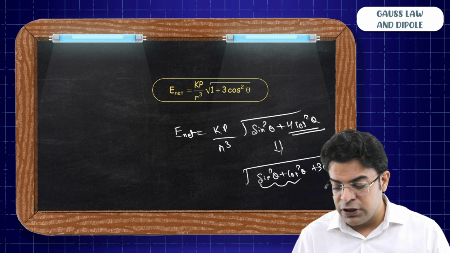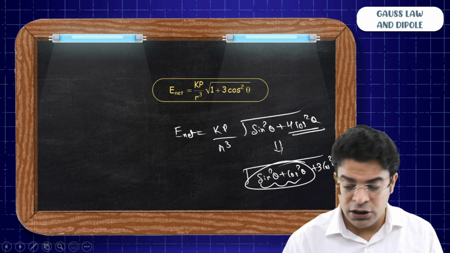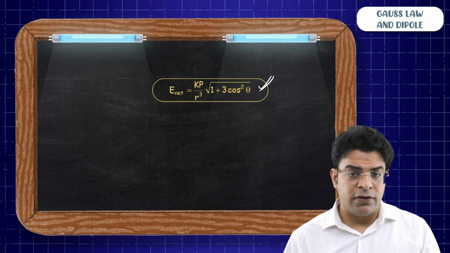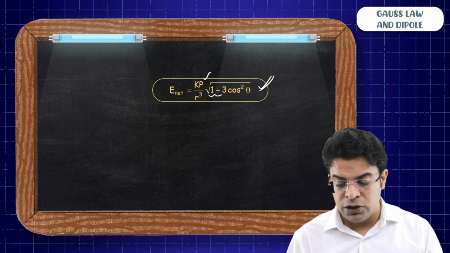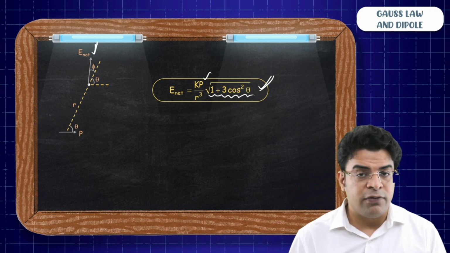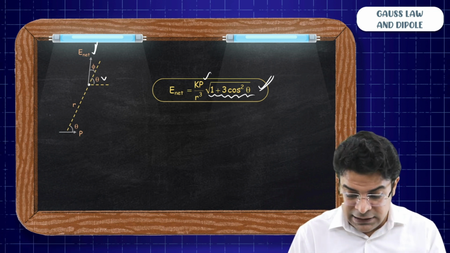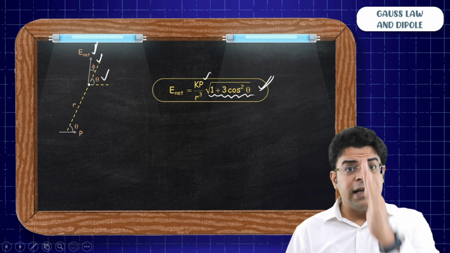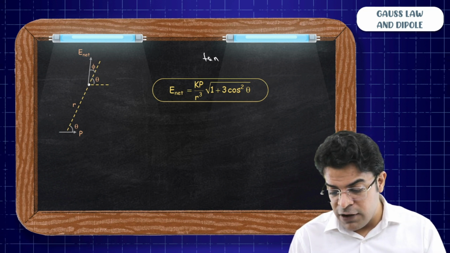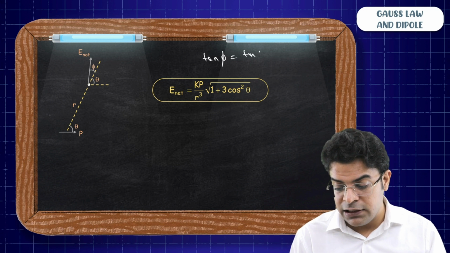And this sin square theta plus cos square theta becomes 1. So you get 1 plus 3 cos square theta. So the net electric field will be kp upon r cube into under root of 1 plus 3 cos square theta. And this net electric field makes an angle theta plus phi with the direction of dipole moment, where we know that tan phi comes out to be equal to tan theta by 2.